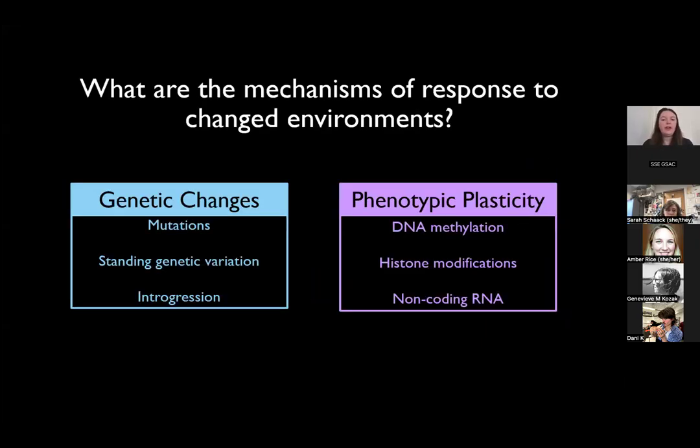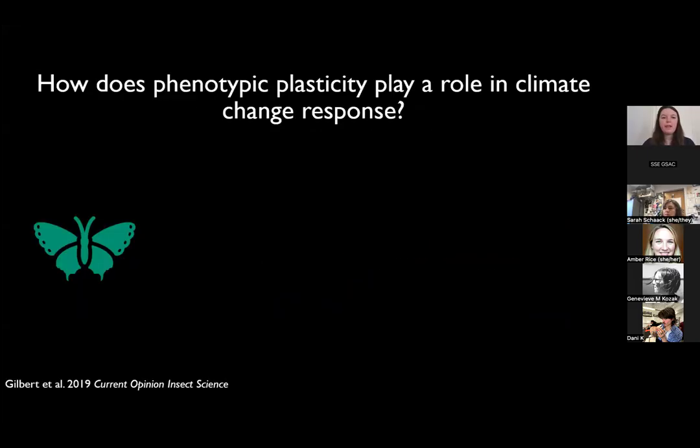And so there we have our two big guys, genetic changes and phenotypic plasticity. For the remainder of the talk, I'll just be talking about phenotypic plasticity, so keep your eye on the purple. And so how does phenotypic plasticity actually play a role in this climate change response? There's a couple different ways that it can play a role.